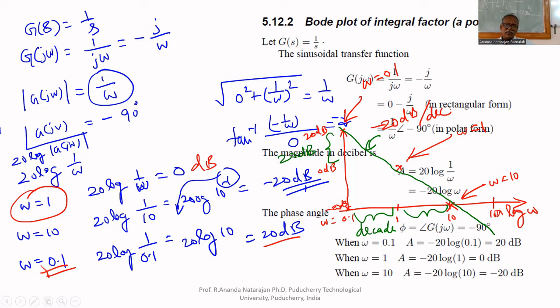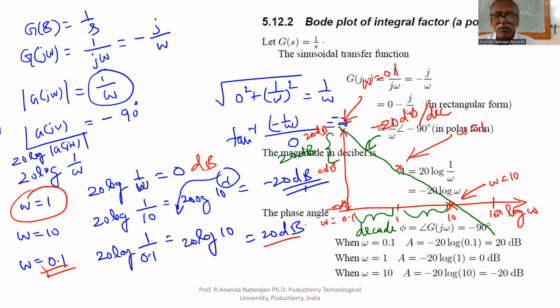Therefore, if we have S in the denominator, it is a slanted line that decreases at the rate of minus 20 dB per decade. That's all. We have to draw an inclined line with a slope of minus 20 dB per decade. 1 decade means 0.1 to 1 is 1 decade. 1 to 10 is 1 decade because it is tenfold.